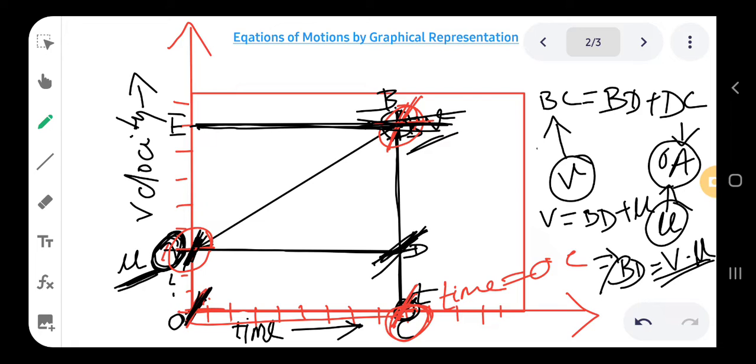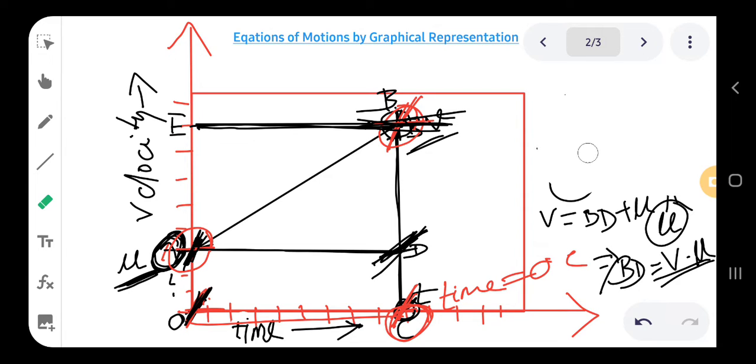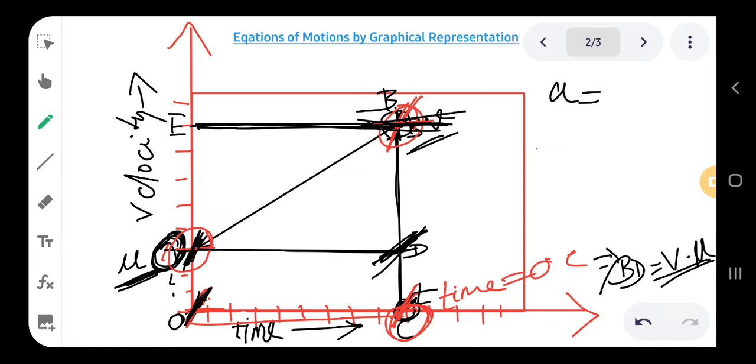Then from the velocity-time graph, the acceleration of the object is given by the formula: acceleration equals change in velocity divided by time. What is our change in velocity?